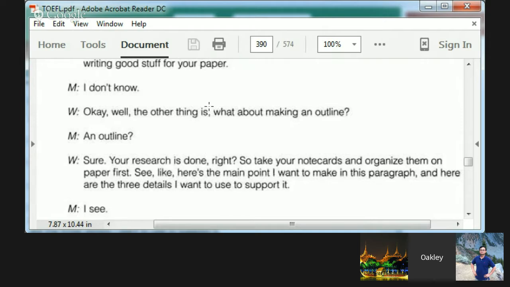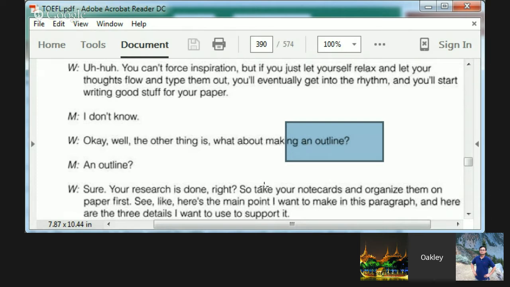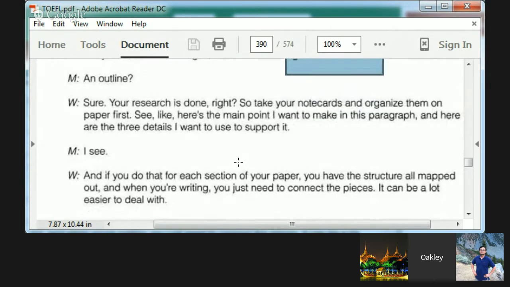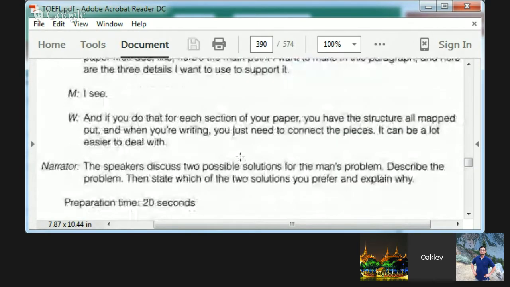Every time they say "what about," guess what? There's going to be a question about it. Every time they say "the first important aspect is," there's going to be a question. Every time they say "in my opinion," there's going to be a question about it. That's the way it is. It's very important to listen for those when you're making notes.